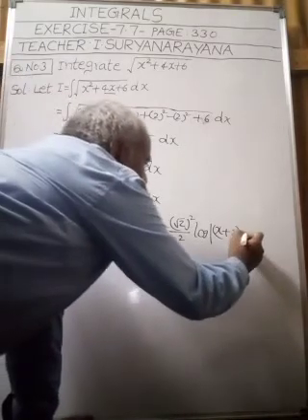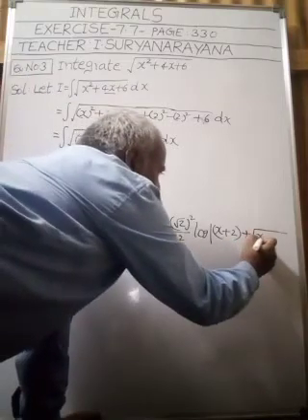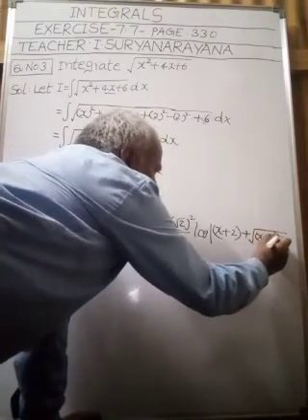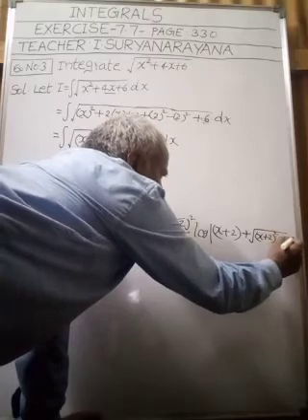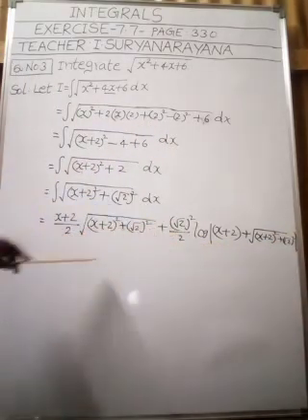x plus root of x square plus a square. That means x plus 2 whole square plus root 2 whole square. Understood this step?